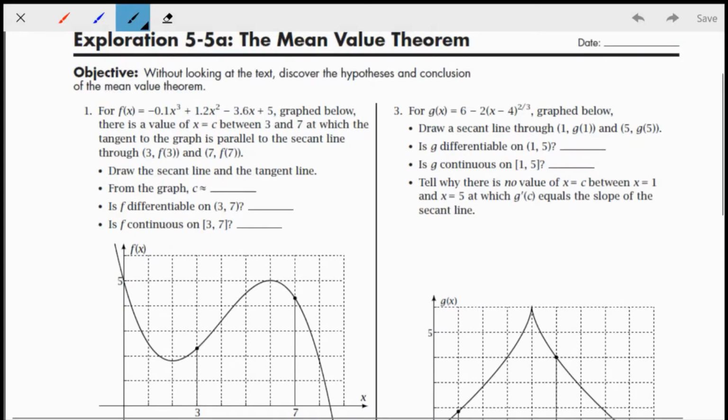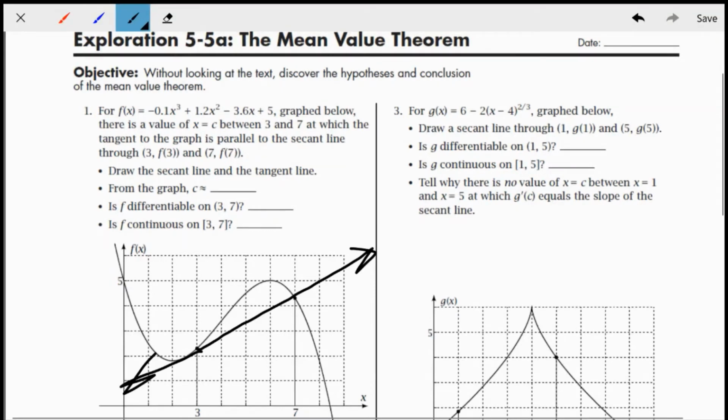So the first thing is, if I draw the secant line, notice on this graph they have 2 points here, at 3 and at 7. So I'm going to draw a line going through those points. Okay, so the slope of that line is my average rate of change on the interval between 3 and 7. Now, what the mean value theorem is getting at is the idea that at some point, if my function is differentiable and continuous on this interval, at some point the average rate of change has to equal the instantaneous rate of change.